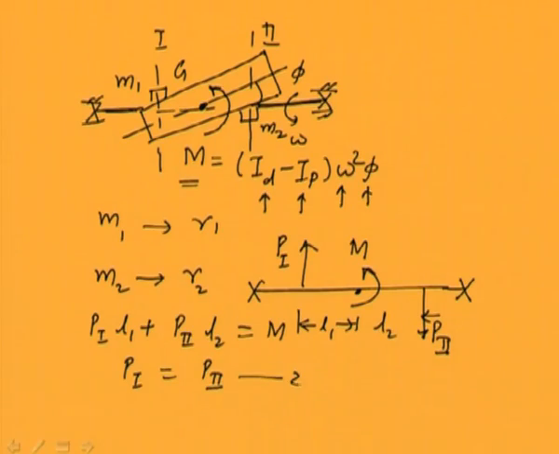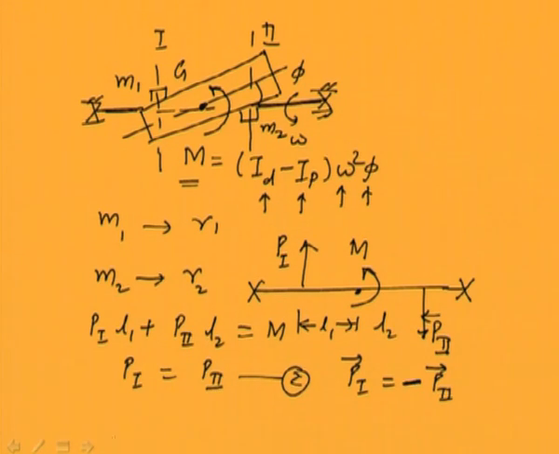They should balance the couple only, and they should not introduce any other centrifugal force. So whatever correction masses we are putting, those should be equal. That is given by the second equation. This second equation in vectorial form should be like this. That means vectorially they should be equal but opposite.